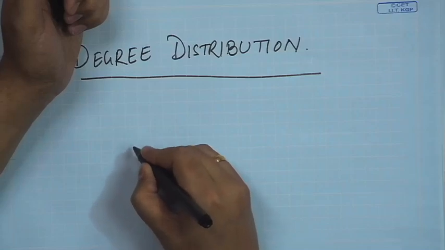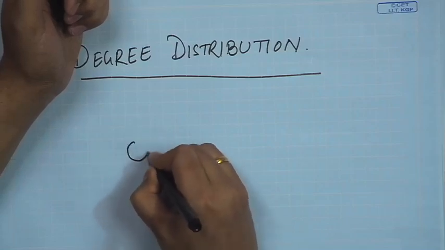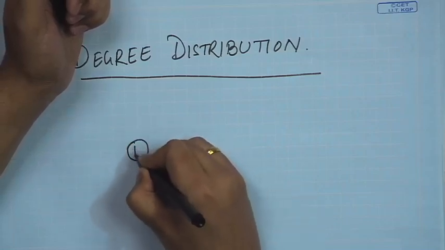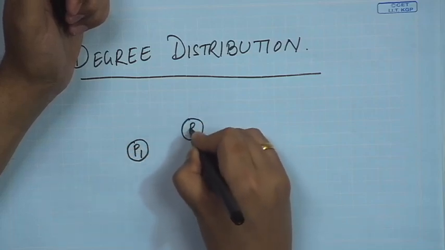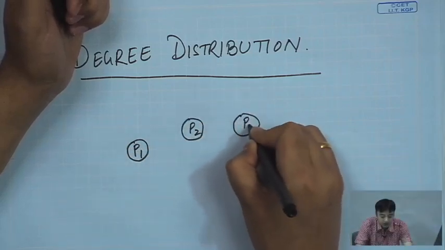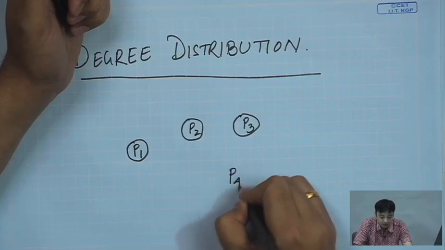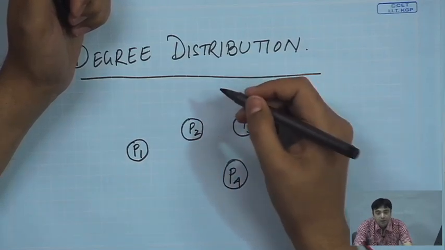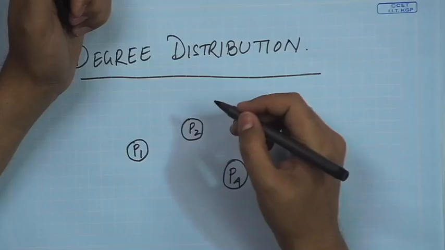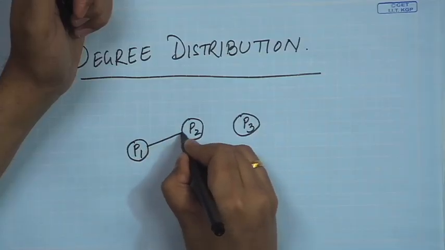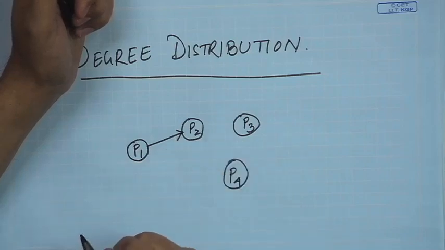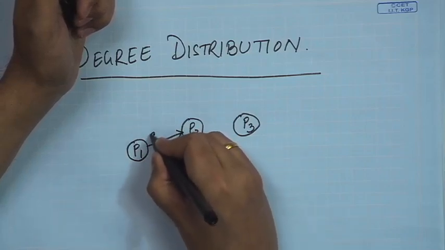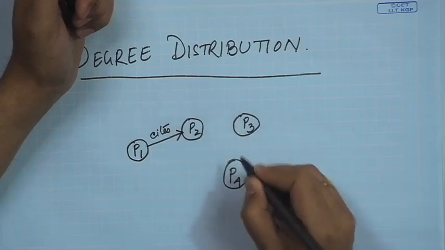As I already told you, and as you also see in the slides, the citation network is composed of nodes which are papers, say P1, P2, P3, P4, and if a paper, say P1, refers or cites a paper P2, then there is a directed link from P1 to P2, indicating that P1 cites P2.